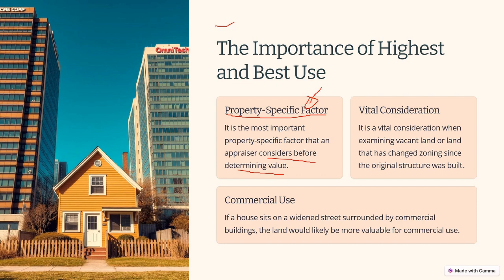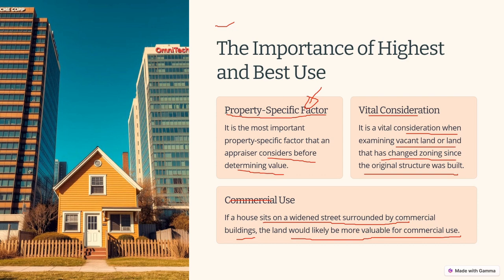Then, vital consideration. It is a vital consideration when examining vacant land or land that has changed since the original structure was built. And commercial use: if a house sits on a widened street surrounded by commercial buildings, that land would likely be more valuable for commercial use.